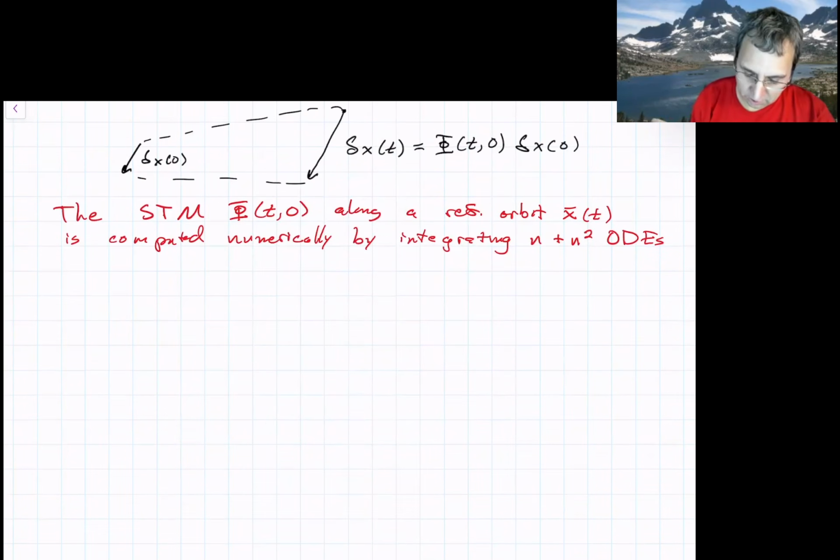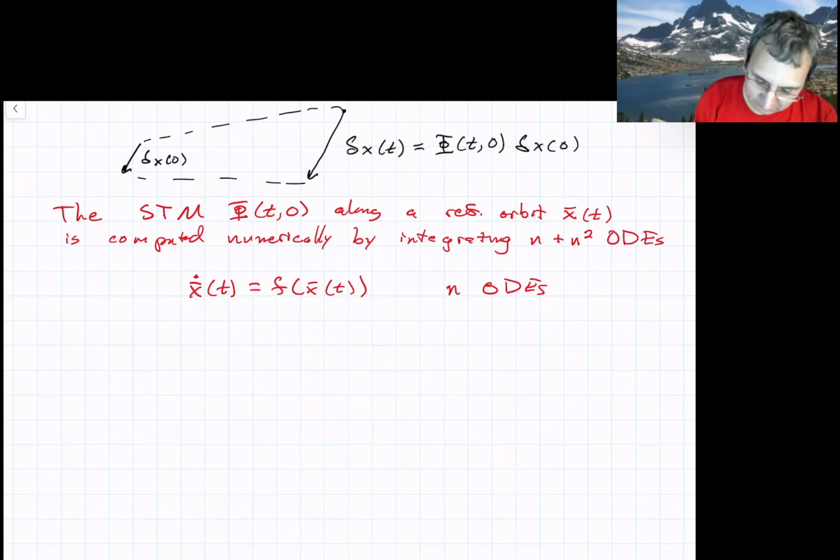And these ODEs are, typically you don't have the reference trajectory analytically, so you calculate the reference trajectory. So that gives you n ODEs.